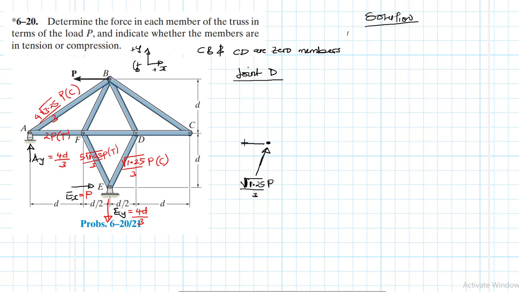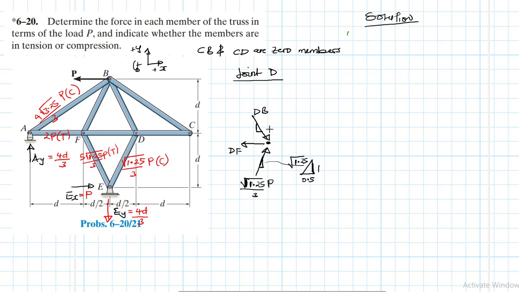Then let's assume here tension, which is dF, and then let's assume here compression, which is dB. These slopes are the same. So this is 0.5, this is 1, and this is 1.25.